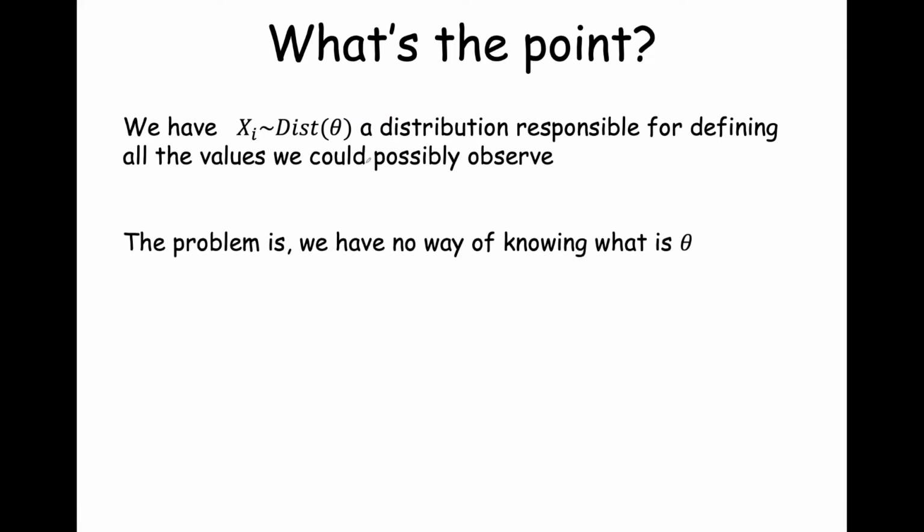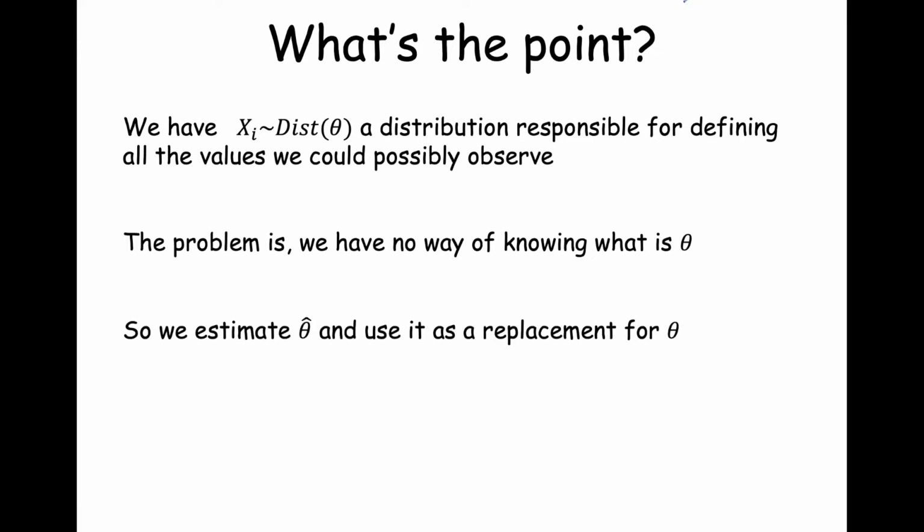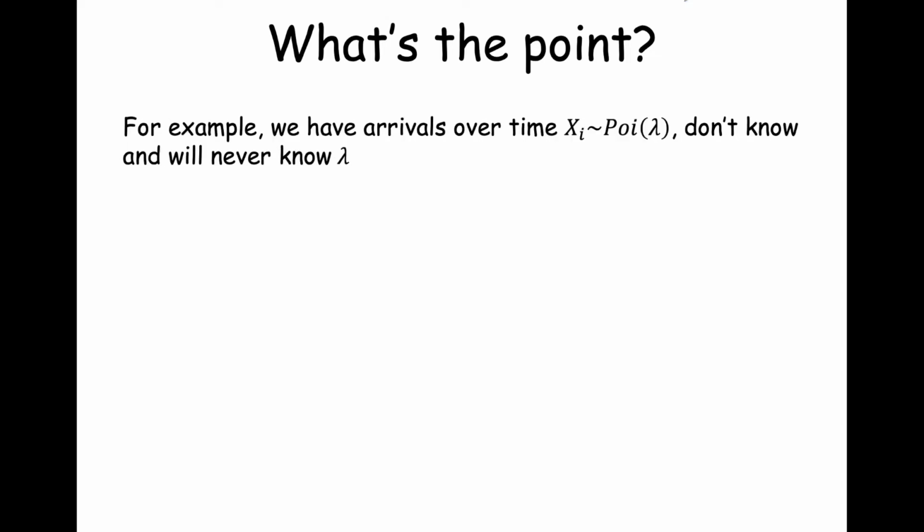And the problem that we had is that we have no way of knowing what is the ground truth parameter that's responsible for this distribution giving us the values that we observe. So we're going to estimate this theta hat, this statistic over the data, this estimator, and we certainly use it as a replacement for our unknown ground truth parameter.